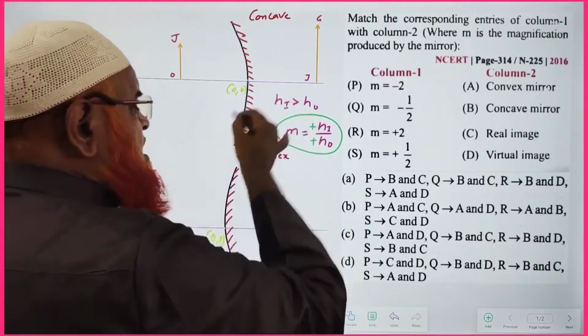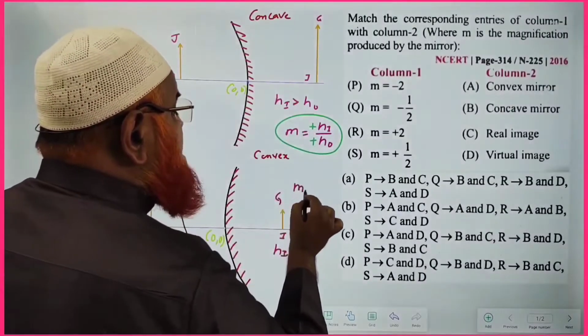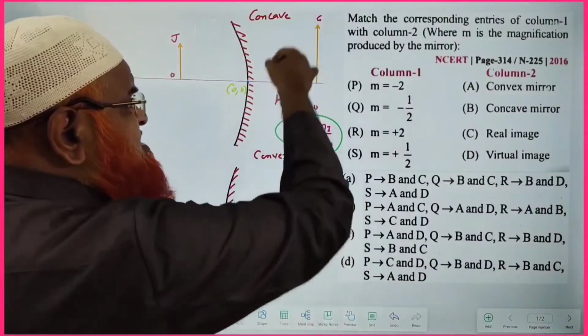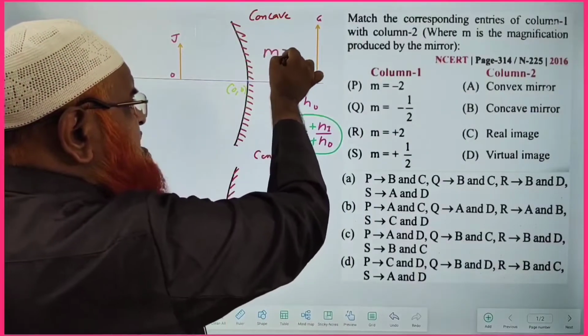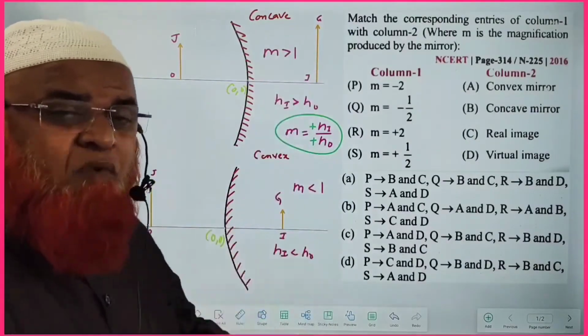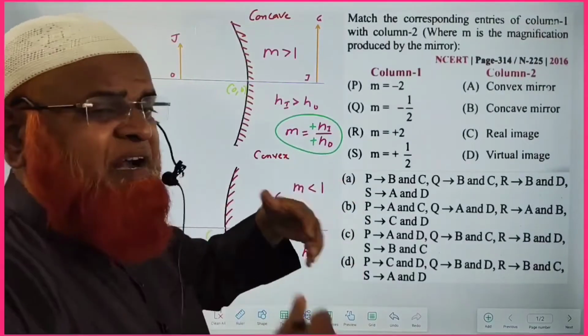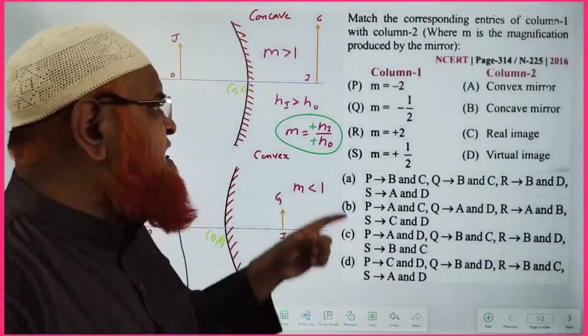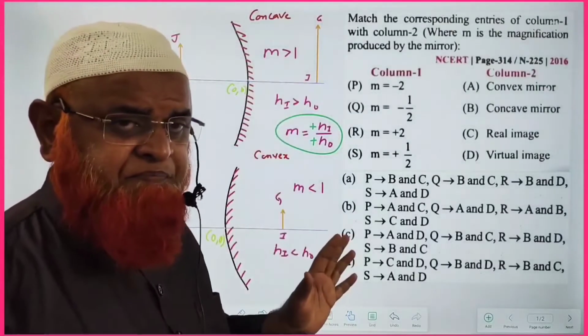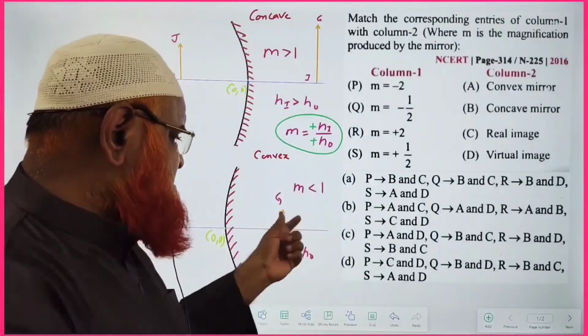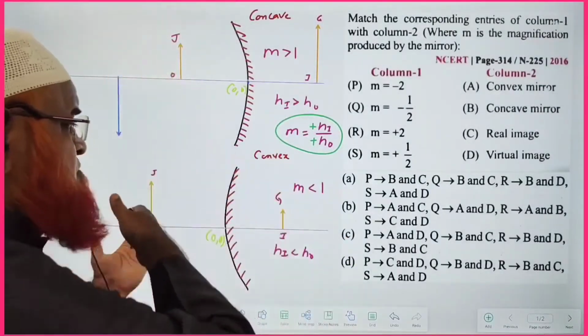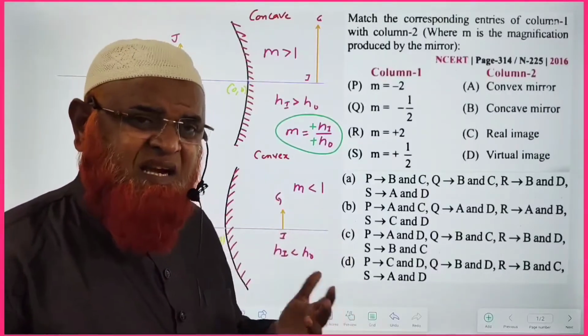When the image is smaller than the object, magnification will be less than 1. When the image is greater than the object, magnification is greater than 1. Because when the numerator is larger than the denominator, you will get greater than 1. When the numerator is lesser, the image is lesser than the object, you will get magnification less than 1.